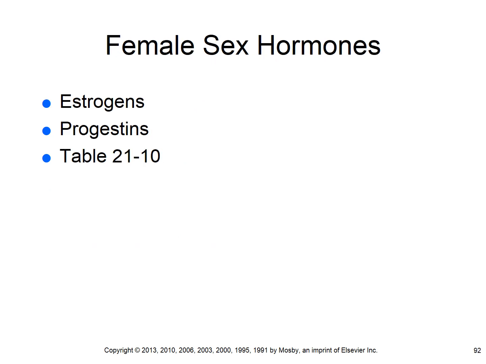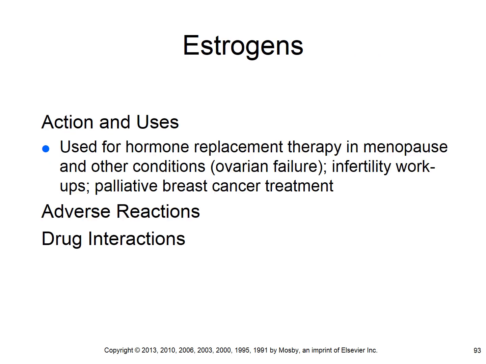Next slide. Female sex hormones are estrogen and progestin. Next slide. The uses are for hormone replacement therapy for those who are menopausal, other issues where the ovary has failed, infertility work, and palliative breast cancer.